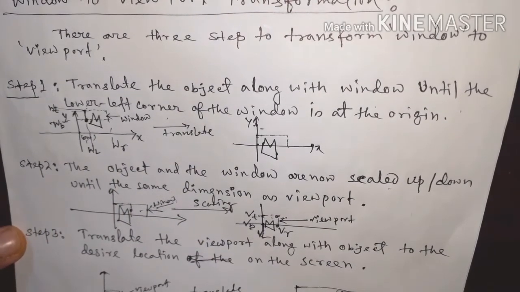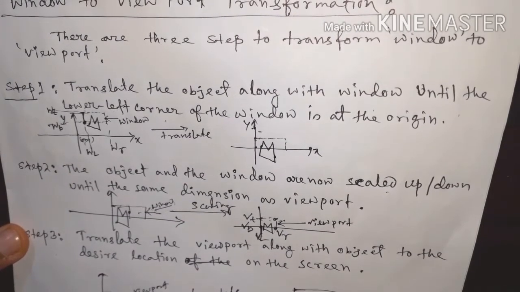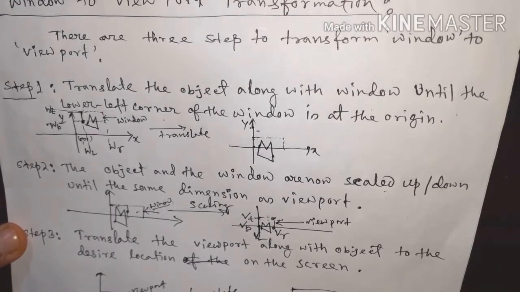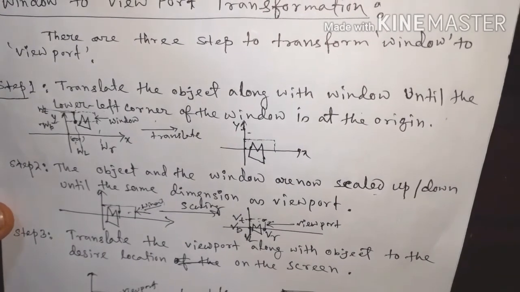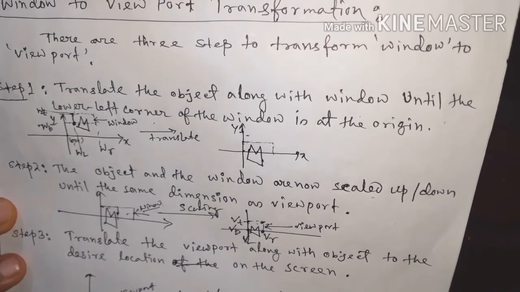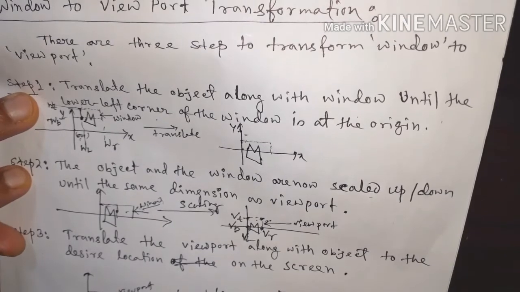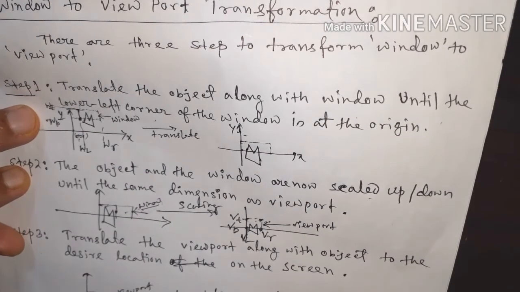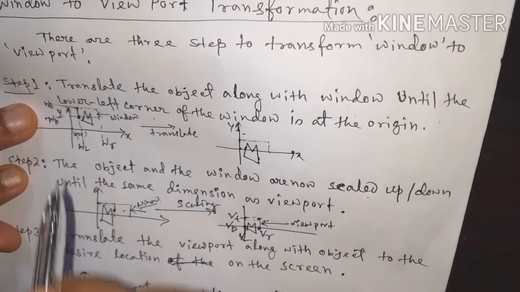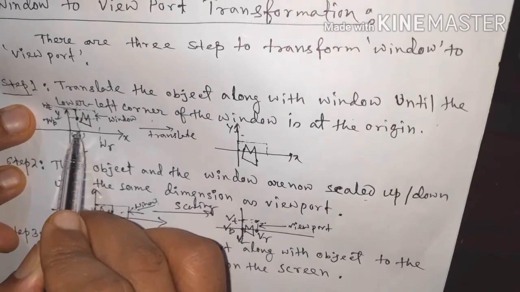So step 1, the translation matrix is 1 0 minus WL, because I have to translate by that amount.